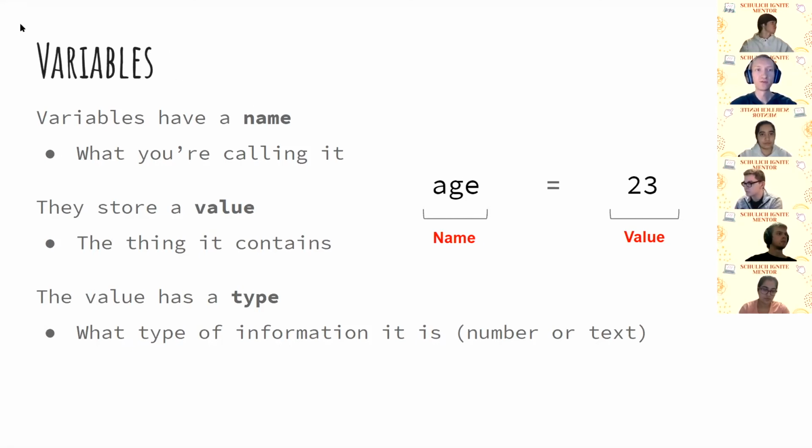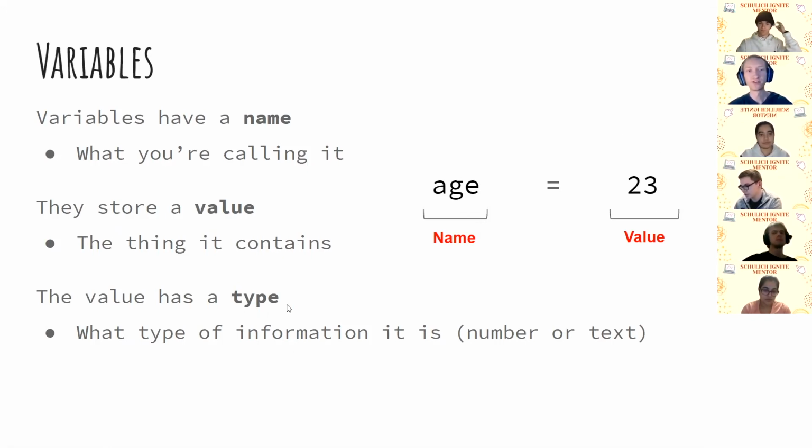So all variables have a name, and they're going to be storing a value, which is the thing that they are containing. Then, instead of referring to the value, you can use its name, and wherever you use that name, it's going to evaluate, it's going to become that value.